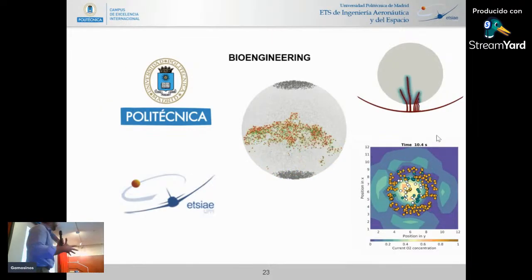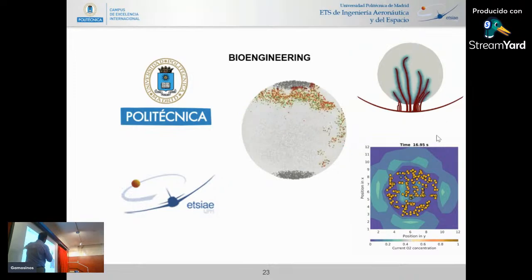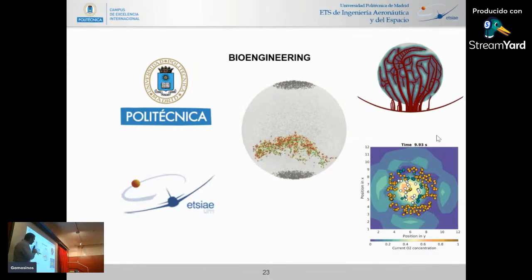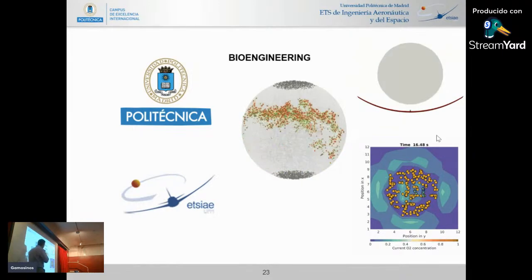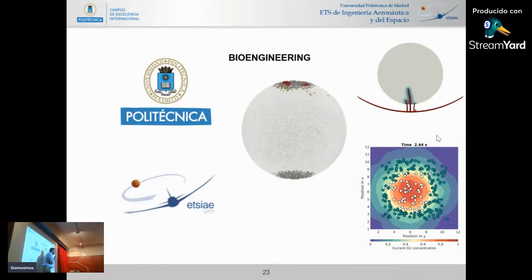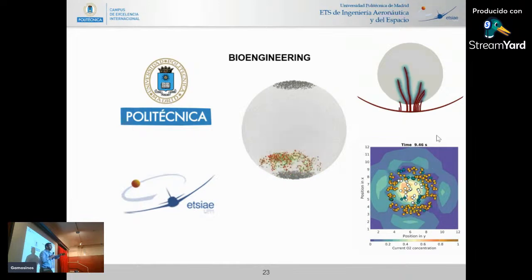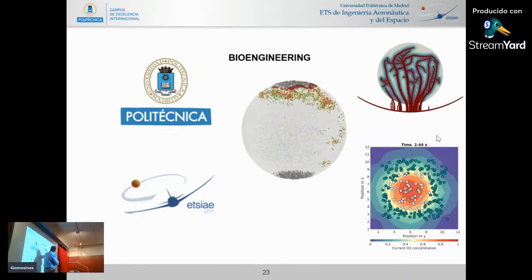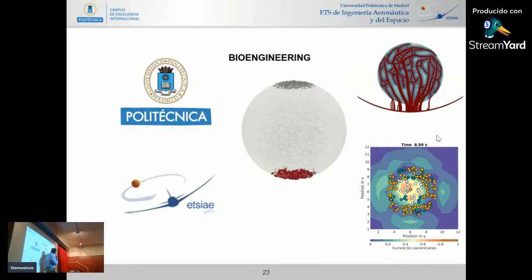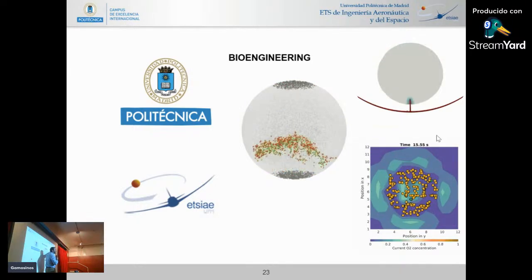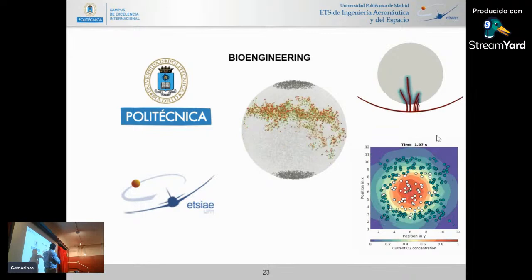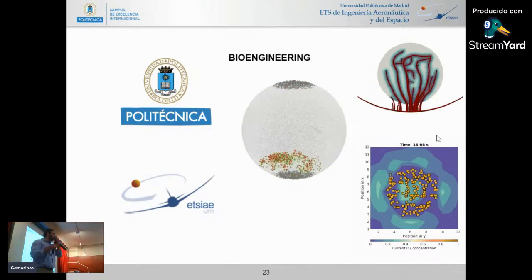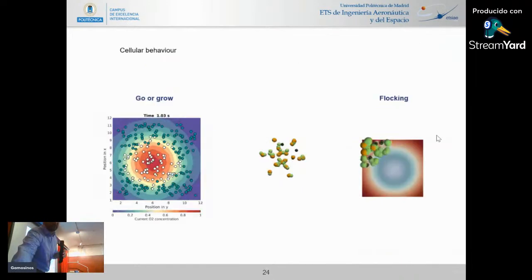And very quickly, I will go to another research line that we have here in Ausinos, which is the engineering. It goes from the cellular behavior, where we have something more to do with statistics and game theory, to the growing of vessels into a tumor, which is called angiogenesis, and information communication through the brain, which is something that we are starting now.